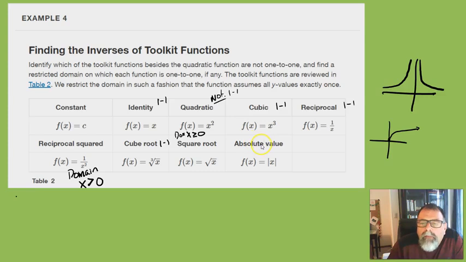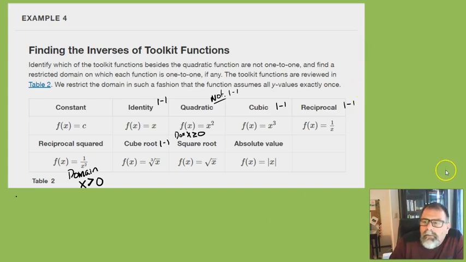Okay, and then absolute value is not one-to-one, so again you would have to restrict the domain to be either greater than or equal to 0 or less than or equal to 0, depending on what you want for your inverse function. So the absolute value, this one's not one-to-one.